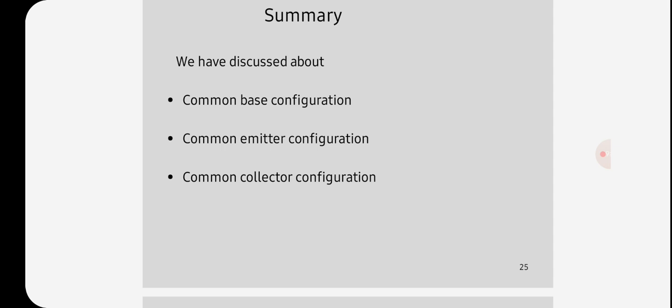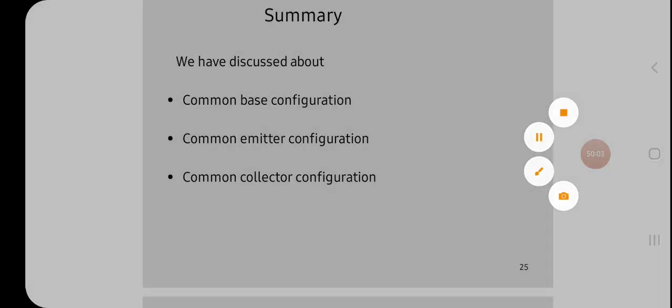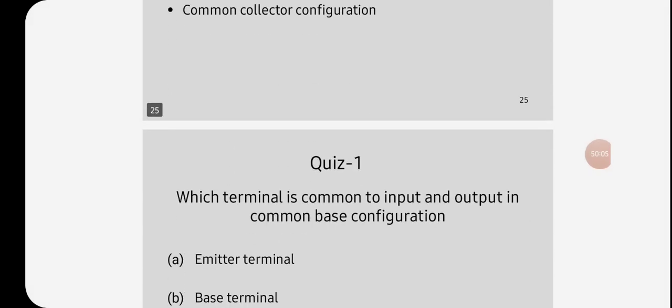For phase reversal, in common base, no. In common emitter, yes, that is 180 degrees out of phase. And in common collector, no. So this is today's class on common base configuration, common emitter configuration and common collector configuration.